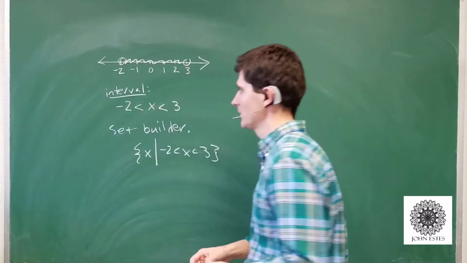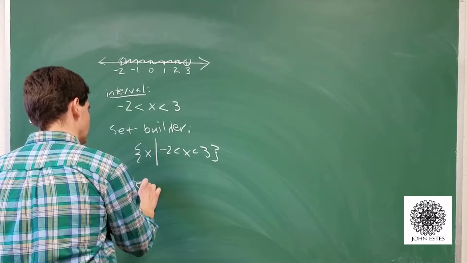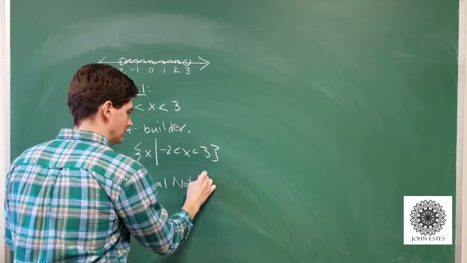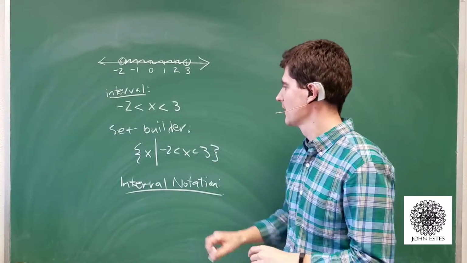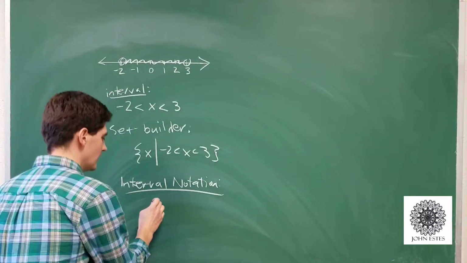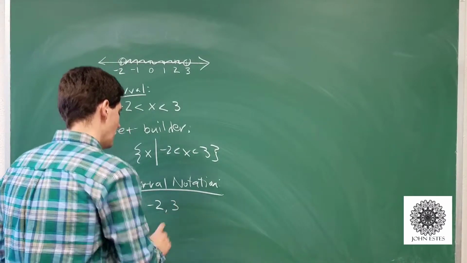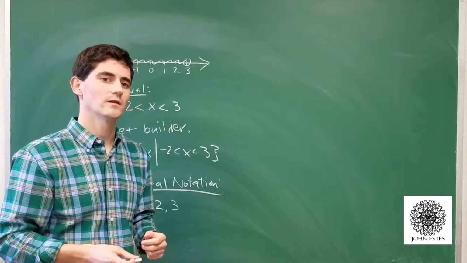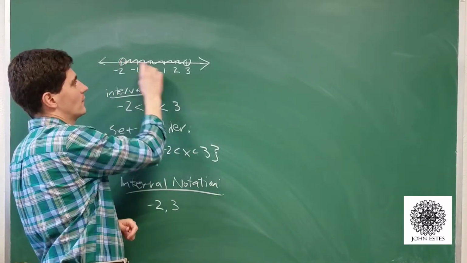The other way to represent this interval is through interval notation. With interval notation, I take my starting point along this part of the real line that I'm looking at, so it's -2, and the end point, which is 3. Then all I have to do is include them in parentheses or brackets, depending on whether -2 and 3 are included. Now the way I drew this, notice I have open circles here.